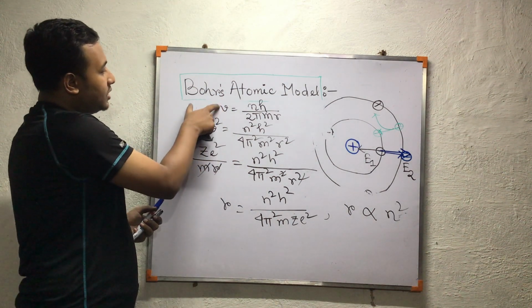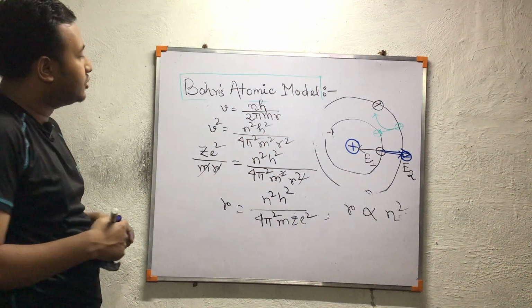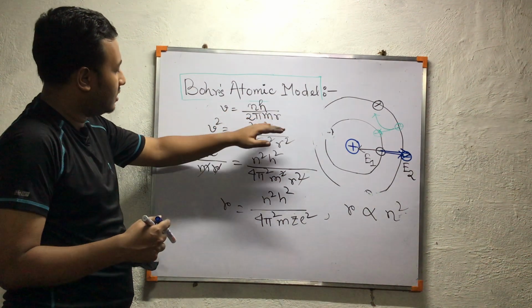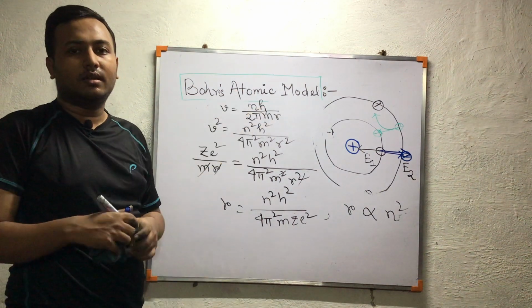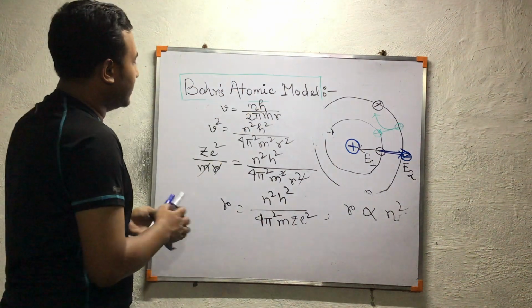From the equation v equals nh by 2 pi m r, if we put the value of r, we will get the expression for the velocity of the electron.